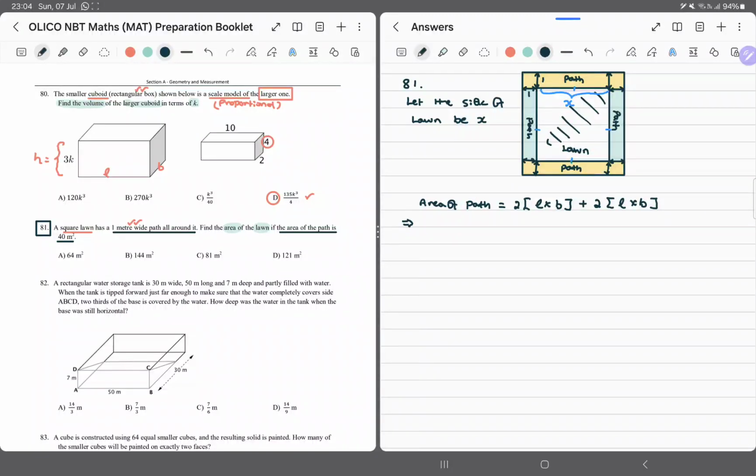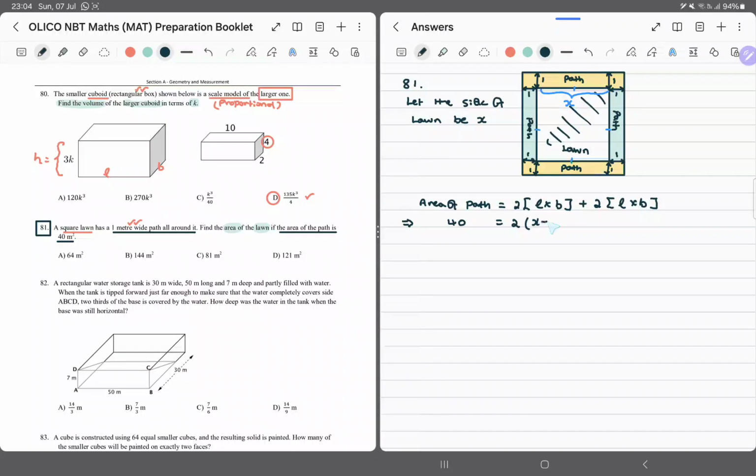So this implies, we're told that this is 40 equals 2 into, now the length here becomes x. Remember, all of these are 1 meter, 1 meter, 1 meter, 1 meter. Okay, so this is going to be x plus 1 plus 1.